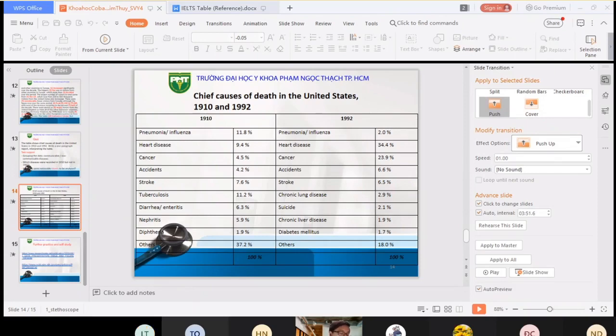37.2, what can you use for 37.2? Last week we talked about 33.3, right?